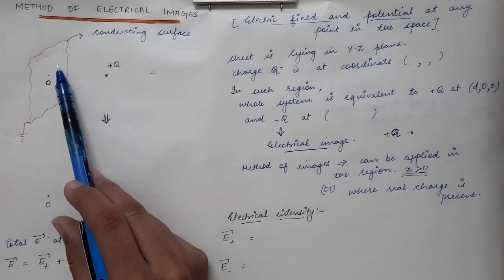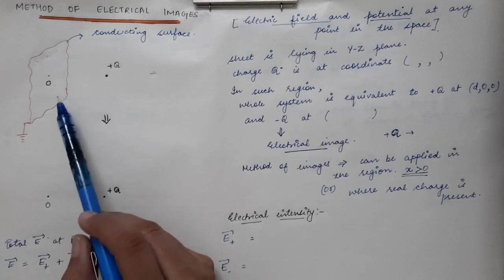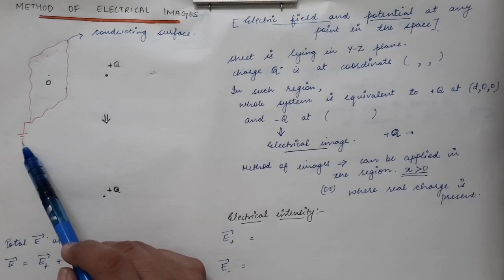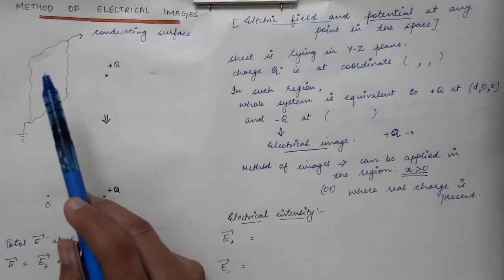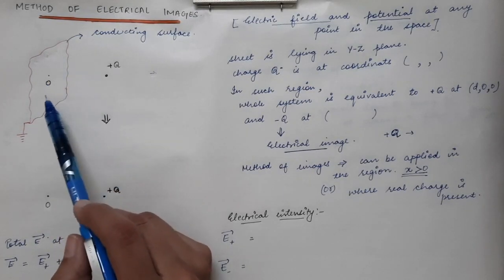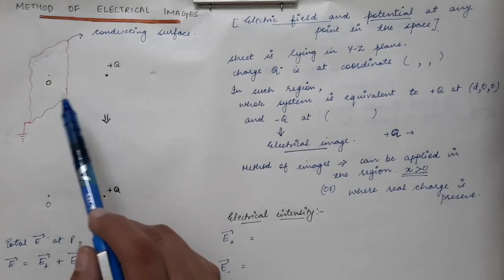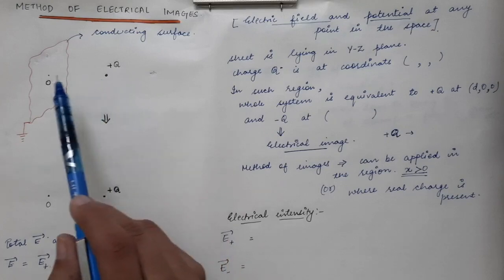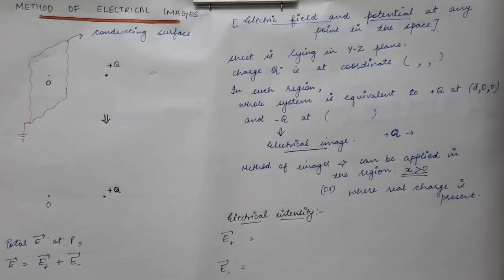So this is a conducting surface which is shown over here, and this conducting sheet is grounded, which means the potential at every point on this surface is equal to 0, and plus q charge is placed at some distance from this conducting surface.